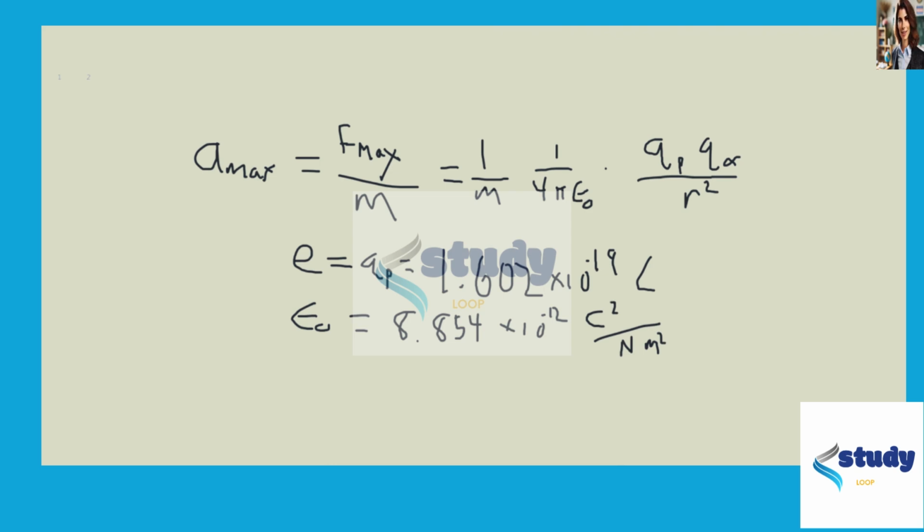And we're going to look for all of these in SI units so that our life is easier. The mass of the proton we're also going to need for this part is 1.673 times 10 to the minus 27 kilograms.